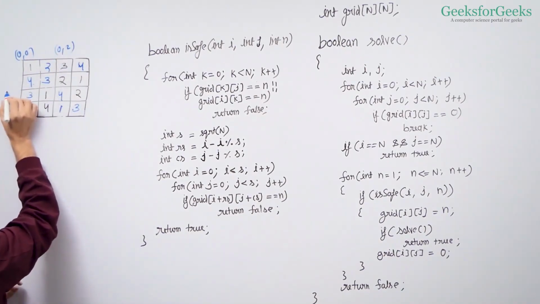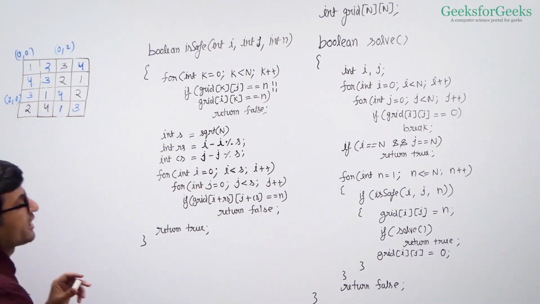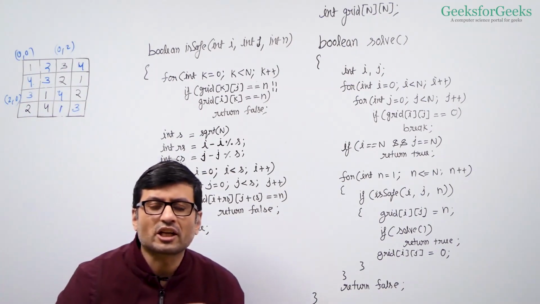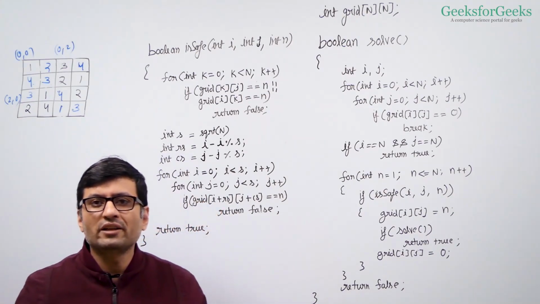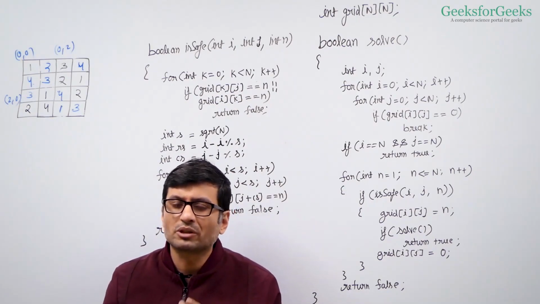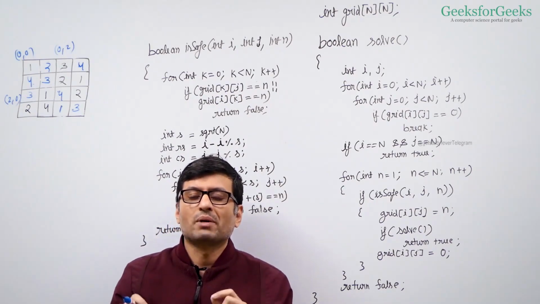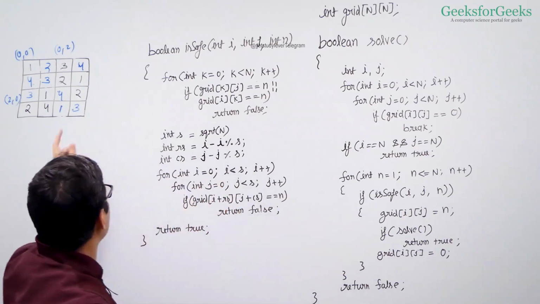This begins with 2, 0. And this begins with 2, 2. So you can notice that all these subgrid starting points are multiples of 2, right? So if n is 4, then they are multiples of 2. If n is 9, then they are multiples of 3. You can do it by drawing some grids using pen and paper, right? So they are multiples of 2.